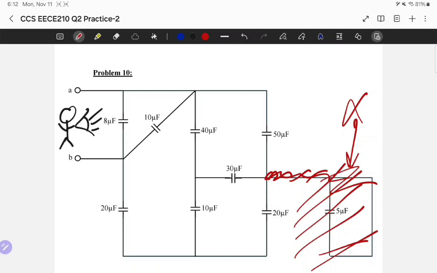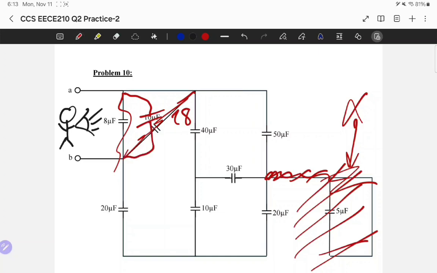So I use the other formula, which is for series. So I add capacitors if they are in parallel, which is the case in here. So 10 and 8, they're in parallel. I add them. Capacitors are just the inverse of everything. So 8 and 10, this is gonna be 18. So it's like I cancel this and I get this 18.